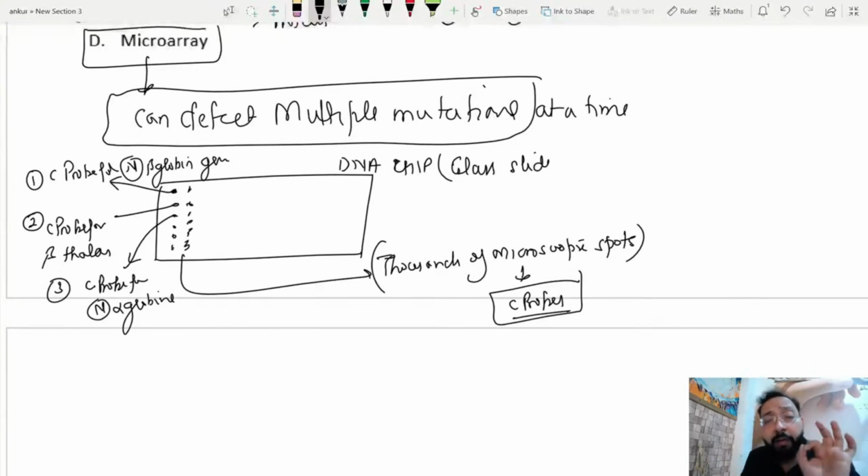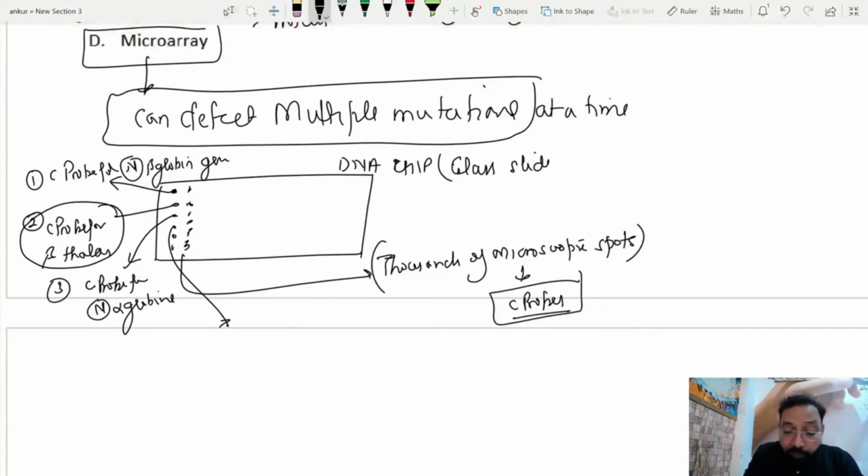We all know the nucleotide sequence of the normal alpha globin gene and of the normal beta globin gene. In beta thalassemia, a mutation occurs and the nucleotides change from this to this, and we made a complementary probe to the changed nucleotide sequence and attached it at position 2.